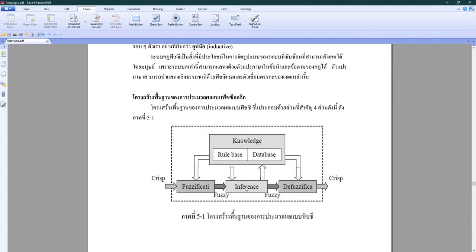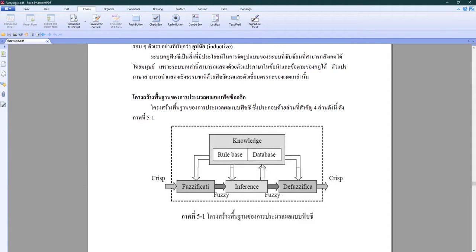It is a mapping process which tells us that this kind of input should be matched with this kind of rule. And then it goes to the defuzzification process, which calculates the output. The rule base is a set of rules from human logic, and human logic is basically a rule of if and then. If and then.